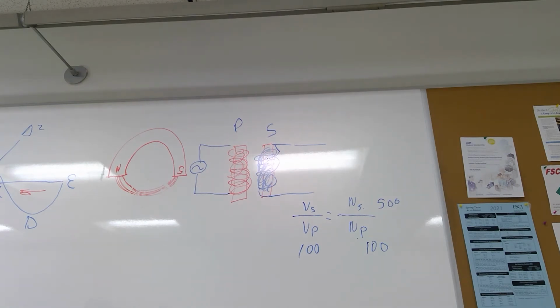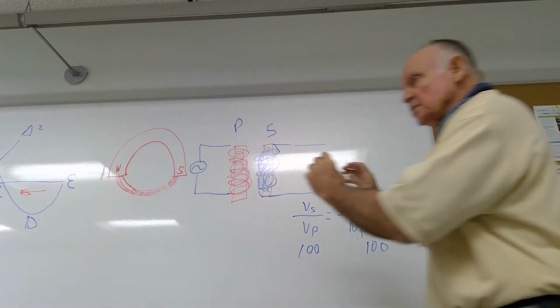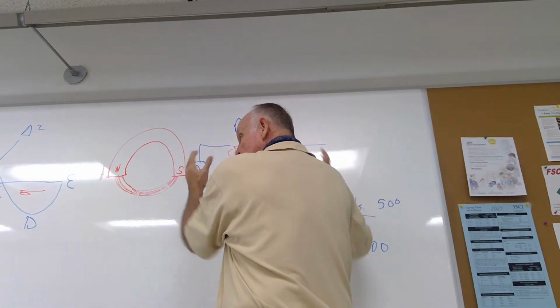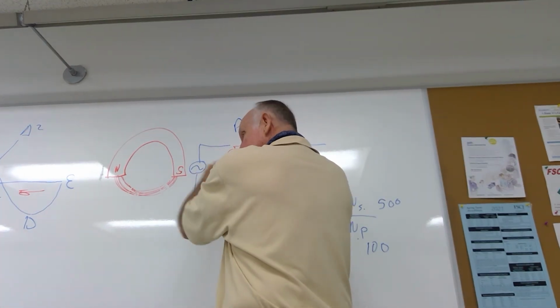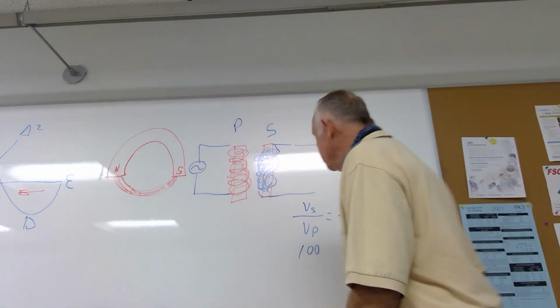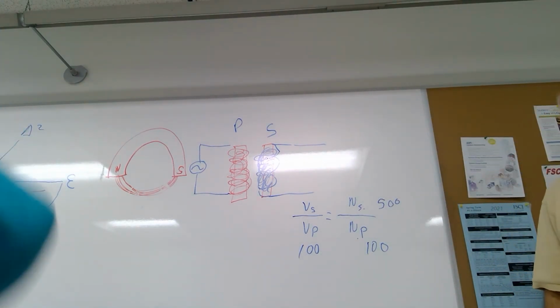All right, so you see, we went from 100 volts to 500 volts because we had more turns in the secondary. It was a step up. Keep in mind, you gotta have this alternating current to bring it up, bring it down. So that's a step up transformer.